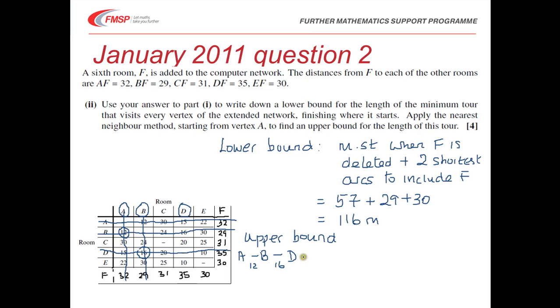Quite clearly we're going to go to E, because we're always looking for the shortest one. We're now at E, and I'll cross out column D because we can't do that anymore. So we can either go to C or F, and C is the shortest, so we'll go to C, which is a distance of 25.